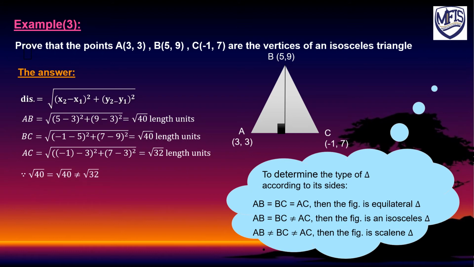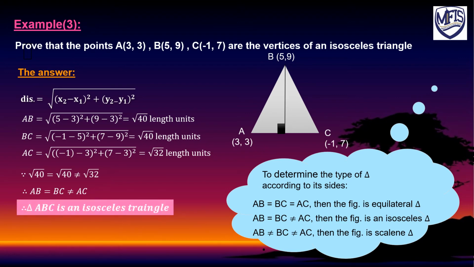Of course, this triangle is, who can tell me? Yes, isosceles triangle, because it has two sides that are equal and the third one is different. Okay, then triangle ABC is an isosceles triangle.